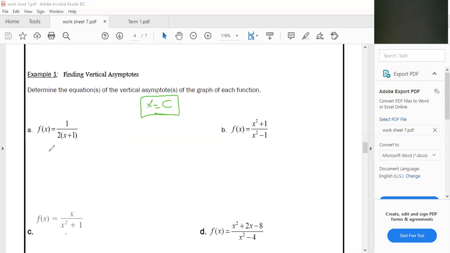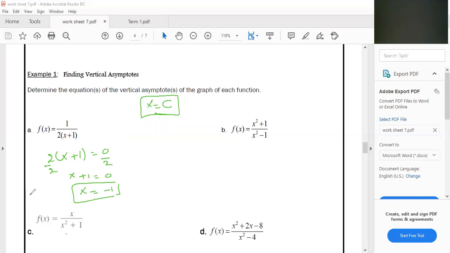After we make sure the function is in the simplest form, equate the denominator to 0. If we divide here by 2 and here by 2, it would be x plus 1 equals 0, which implies x equals negative 1. That is the equation of the vertical asymptote.